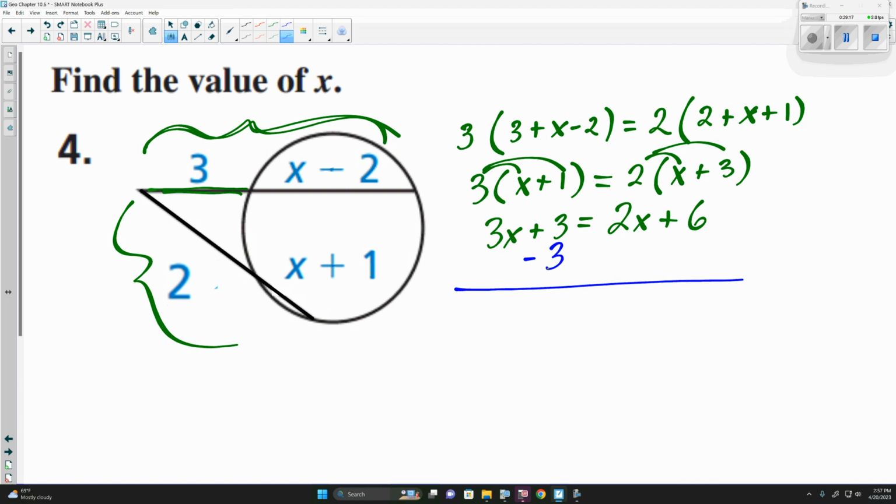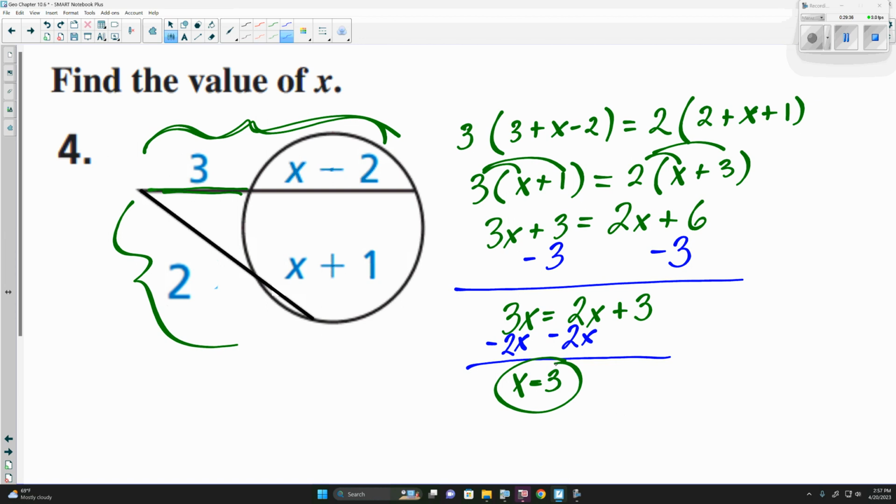We can subtract 3 from both sides, which will tell us that 3x is equal to 2x plus 3. Then we can subtract 2x from both sides. So x is equal to 3. And that's it.